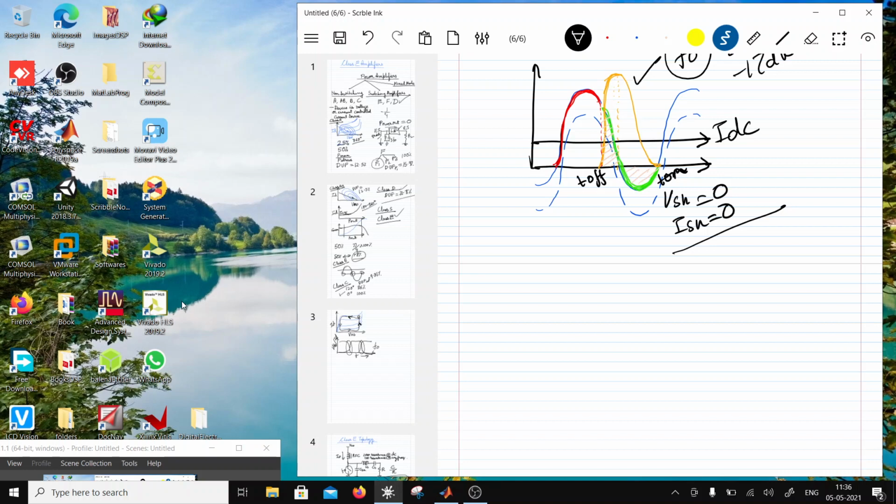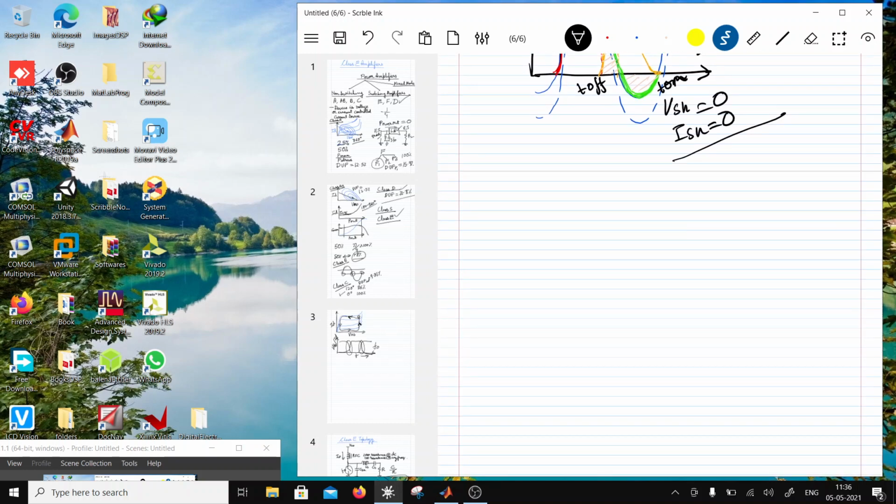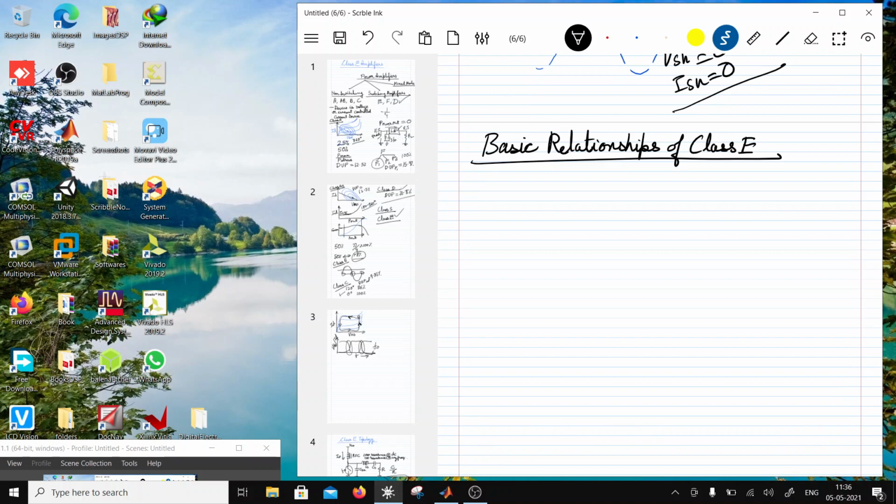Okay, so I am going to do basic relationships of Class E, and then I will show you how to code this in Matlab so that you can write your own code, and then you can generate your Class E, and you will be able to design your Class E.